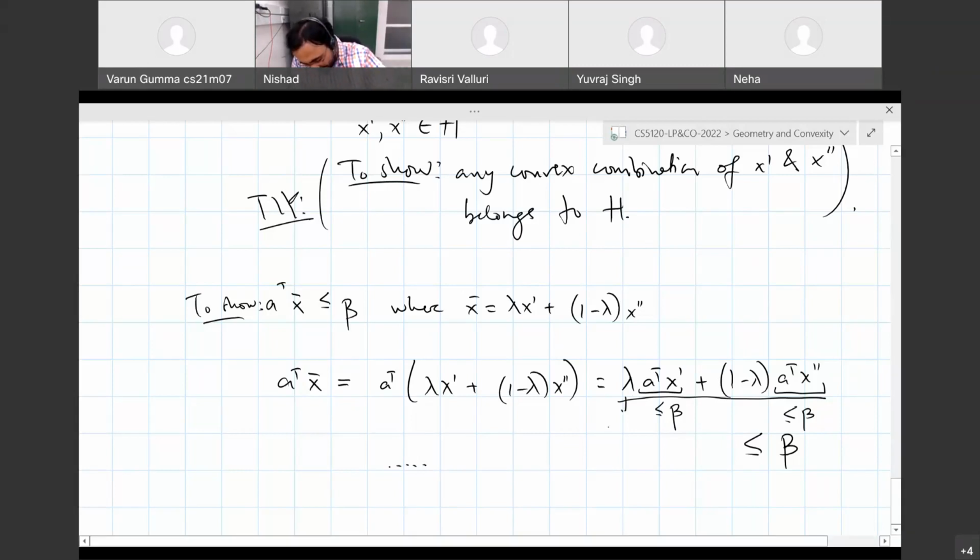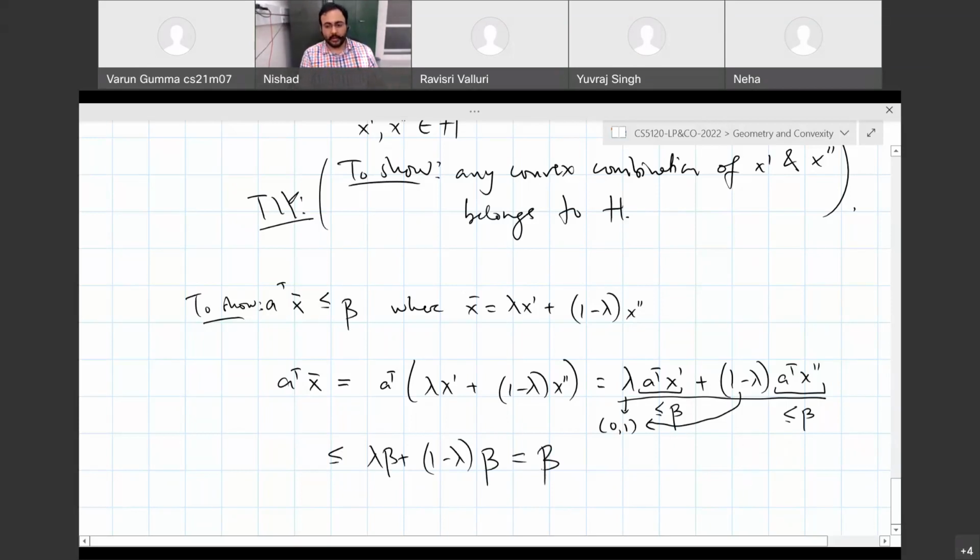You are using the fact that lambda and 1 minus lambda are both between 0 and 1. Both of these quantities belong to the interval 0, 1, right? And that implies that this is less than or equal to lambda times beta plus 1 minus lambda times beta, right? And that is exactly equal to what we want.